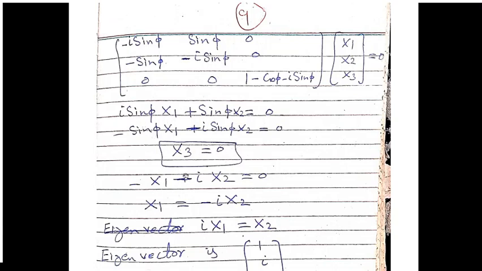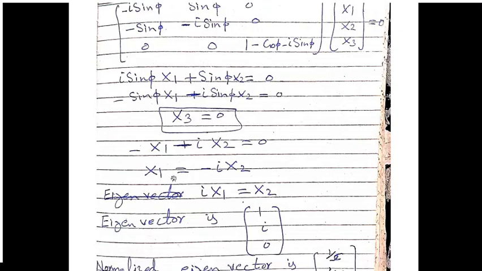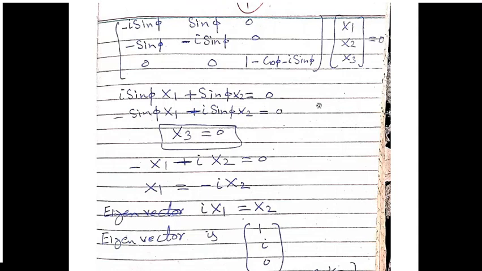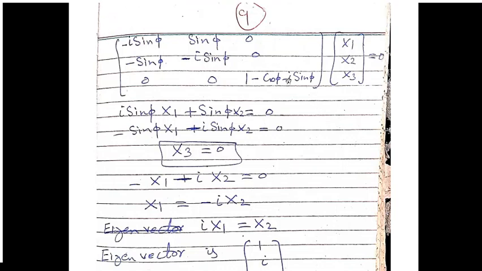So from here you can write this, and it will be x1 equal to minus x2. These are simplifications. You can do this by yourself. You are allowed not to follow my steps.